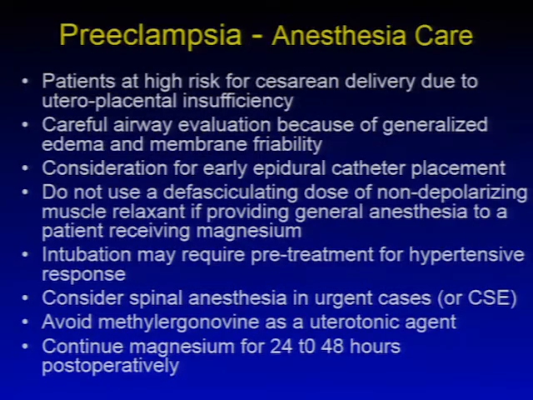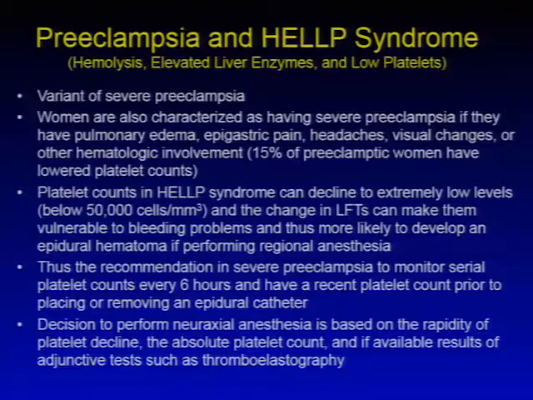The HELLP syndrome is a variant of preeclampsia. HELLP stands for hemolysis, elevated liver enzymes, and low platelets. We have previously stated what other things are involved with severe preeclamptic definition.